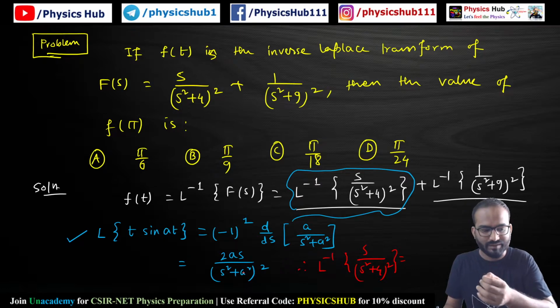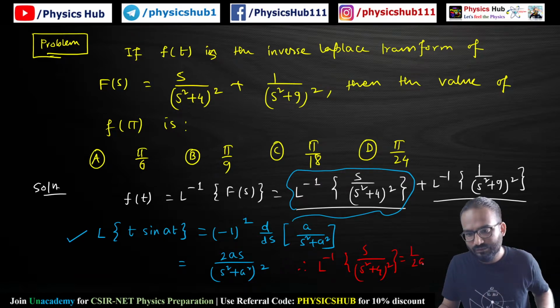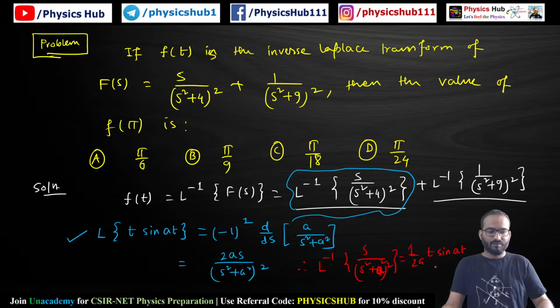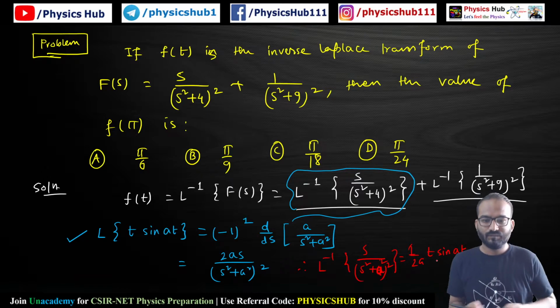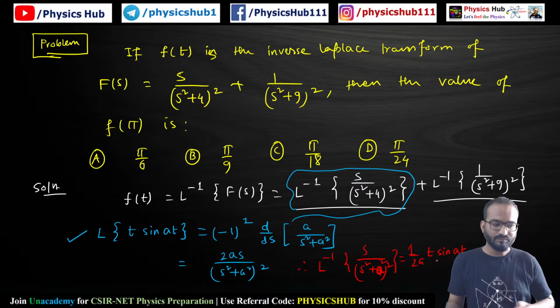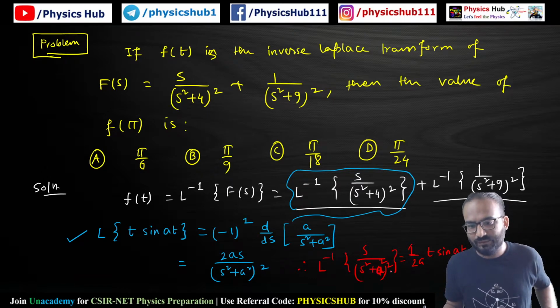Here we have 2as, so 1 by 2a will come extra. The general formula we are writing is s by (s square plus a square) whole square, so 1 by 2a times t sin at. So this will be the inverse Laplace transform of this function.